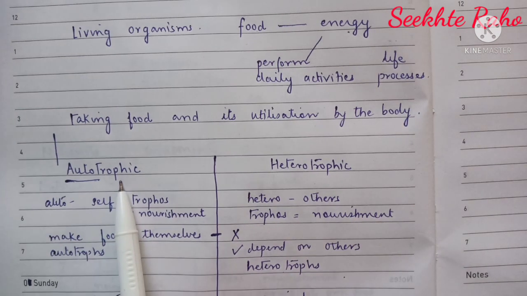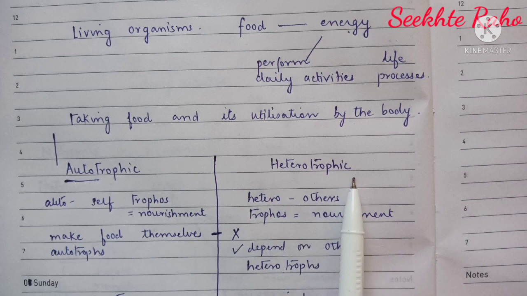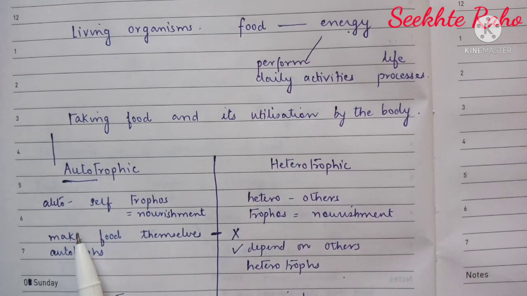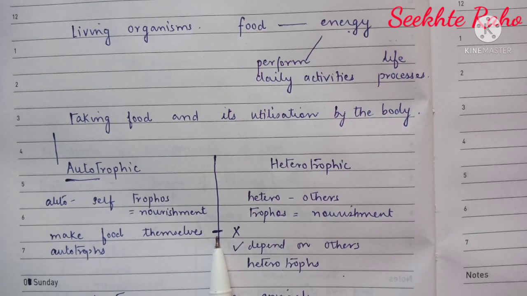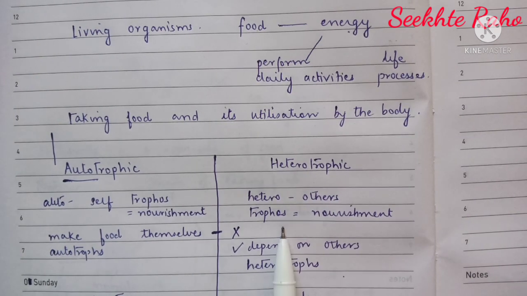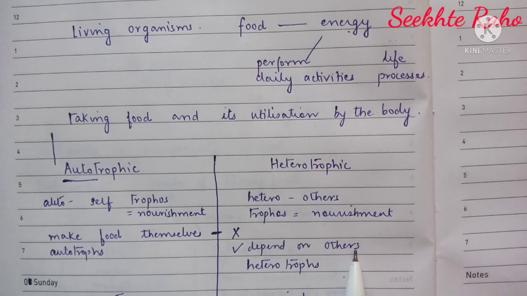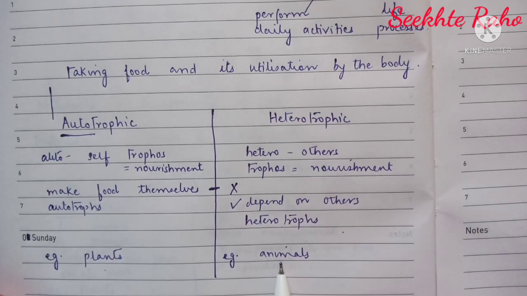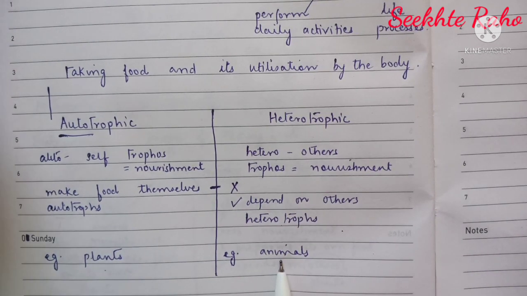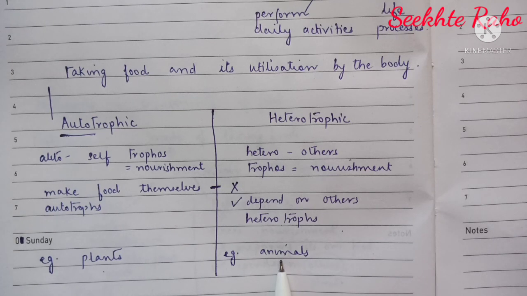Nutrition is of two types, autotrophic nutrition and heterotrophic nutrition. Autotrophic nutrition is when the organism can make food on its own. Heterotrophic nutrition is when the organism depends on others for food. Example of autotrophs are plants, and examples of heterotrophs are animals.